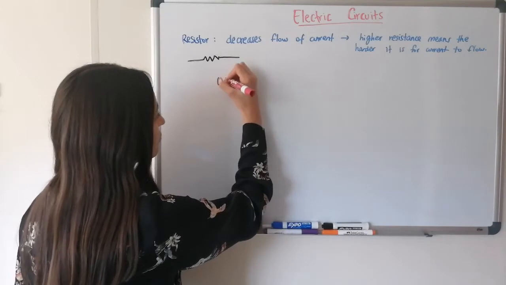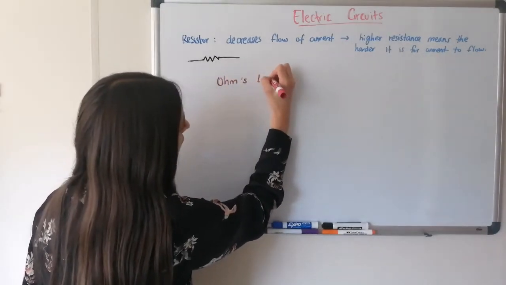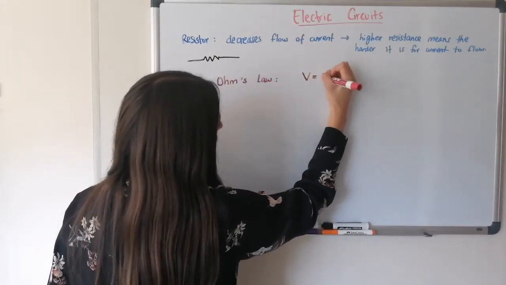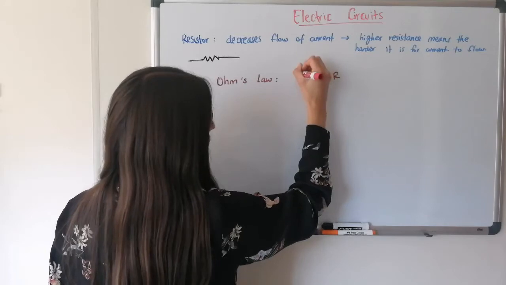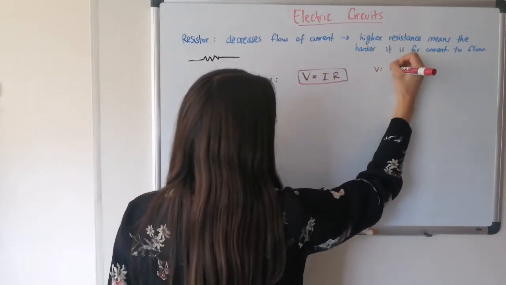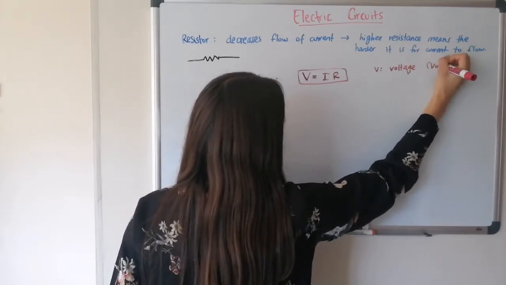So Ohm's Law, written O-H-M Law, is V equals I times R. This is Ohm's Law. V is the voltage passing through, and it's given in volts.